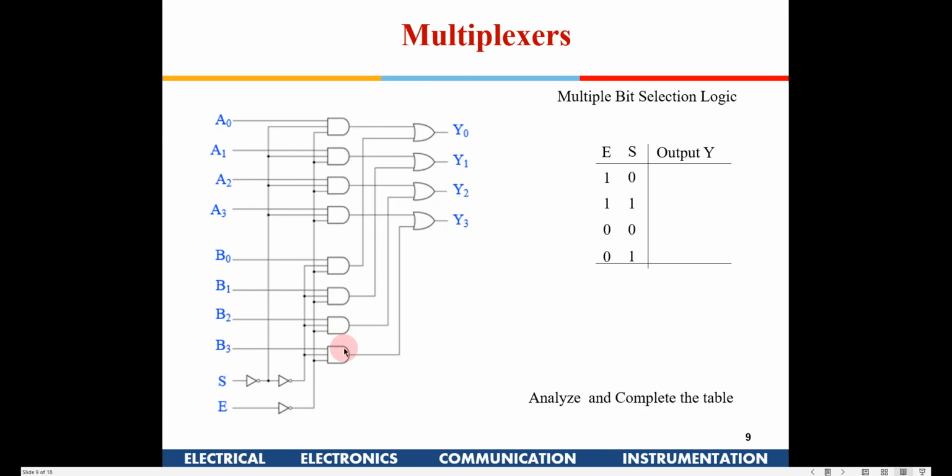Once it is enabled, depending on S, if S is equal to 0, this will be 1 here, so this 1 is given to all the 4 AND gates. So the output will be A0, A1, A2, A3. If S is equal to 1, this will be 0, so all these 4 AND gates will go 0, these 4 AND gates will become high, so the output will be B0, B1, B2, B3.